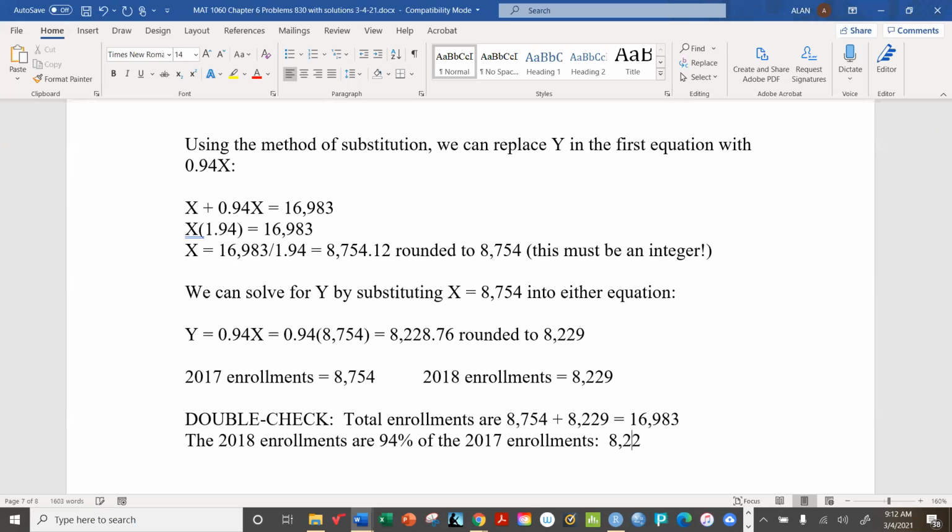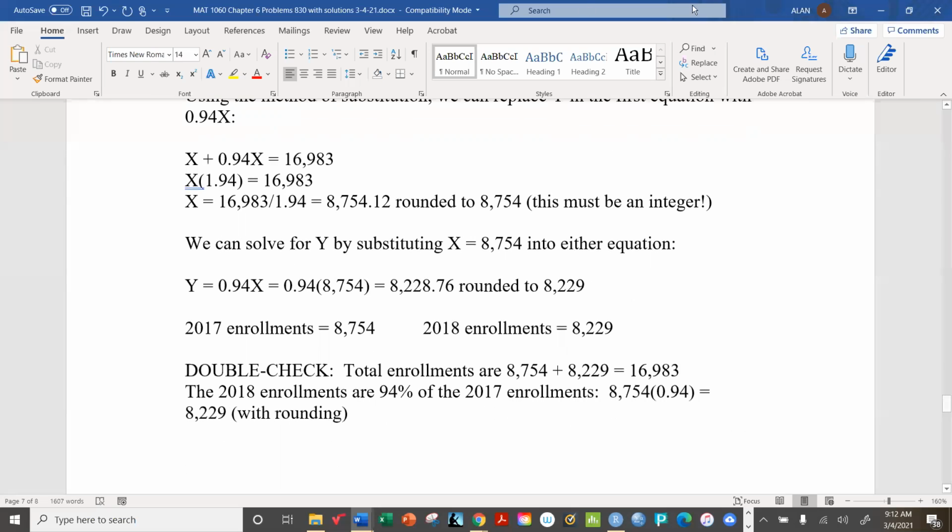So we're going to say that 8754 times 0.94 is indeed, with rounding, of course, 8229. Okay, so that one worked out. It was a little challenging, but we got it.